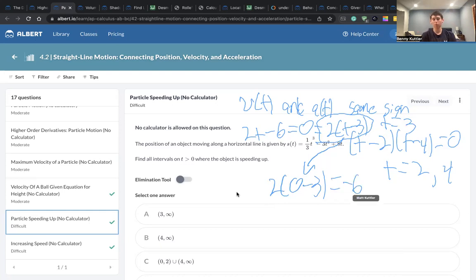So we know that when the time is less than 3, the acceleration is going to be negative. So a of t is less than 0 for t is less than 3.